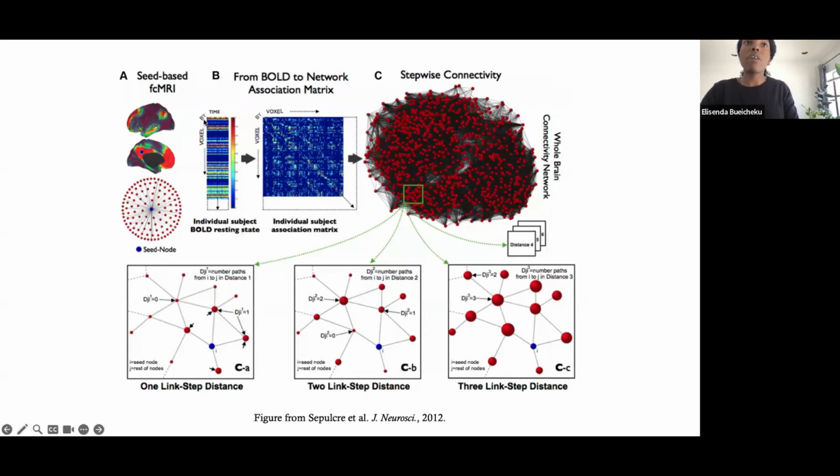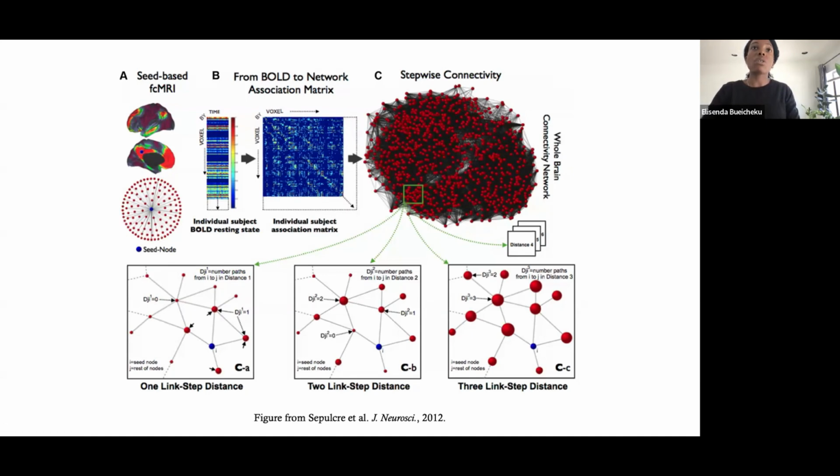So again, we have the voxels of the brain. And in this case, because it's a time series, because it's functional connectivity, we have the time. If we compute a correlation between the voxels of the brain across the time points, we will obtain an association matrix in which we know that each of the voxels is more or less related to the rest of the voxels of the brain.